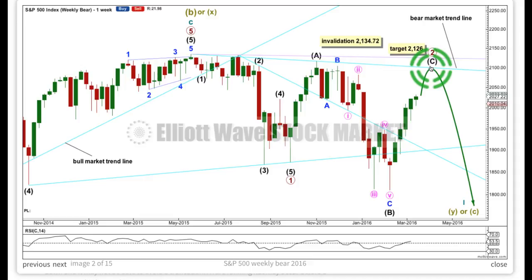This wave count expects we're going to come to a nerve-wracking end to the second wave. For intermediate wave C to avoid a truncation, it has to move at least slightly above the end of intermediate wave A at 2116, but it can't move above the start of primary 1 at 2134. The target sees it end within that very small zone, but once we get up here, I expect there will be most people calling for a new bull market, but that's not what this Elliott wave count expects it will be.